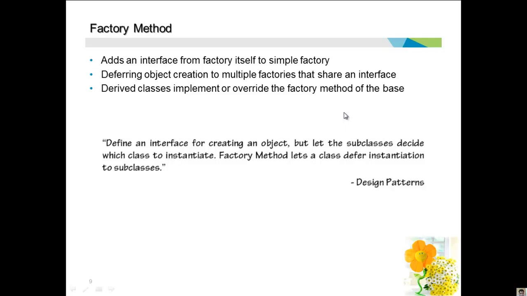There are many variants. In such a case, we might end up having multiple factory methods. So one factory method, if you create a Honda City car factory, it is specialized in creating different types of Honda City cars, different variants of Honda City cars.